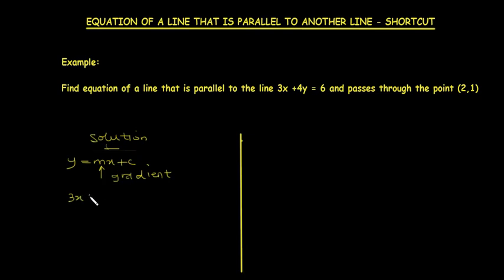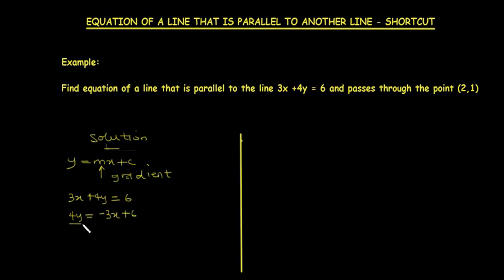So let's express that. We have 3x plus 4y is equal to 6. So we have 4y is equal to minus 3x plus 6.